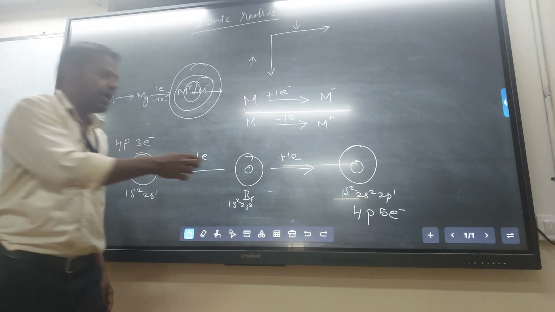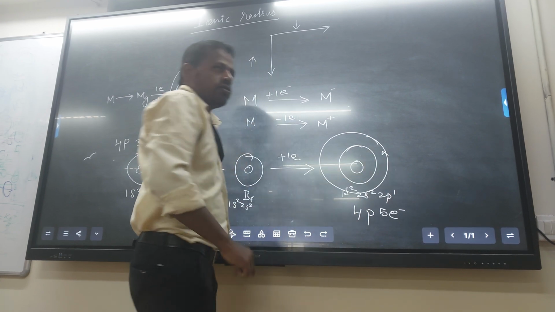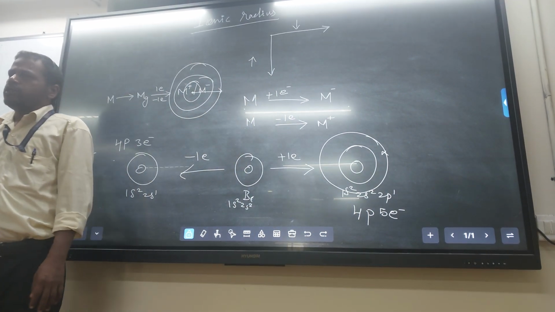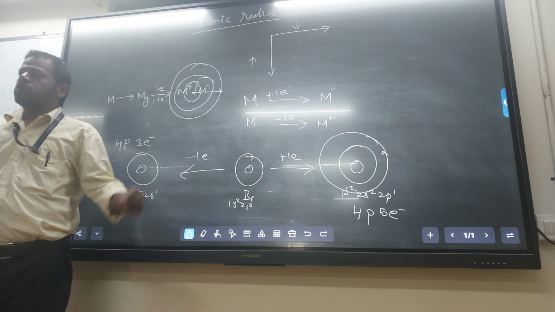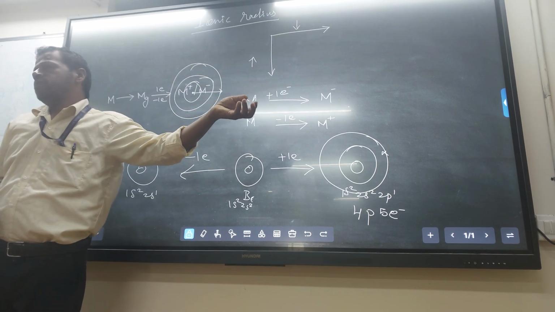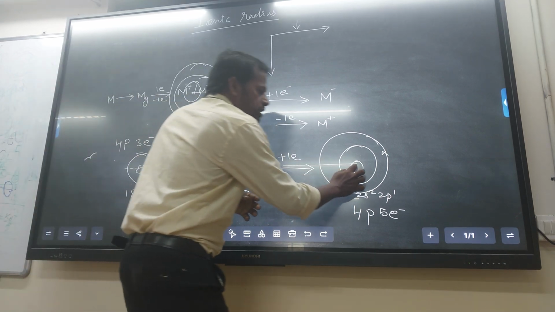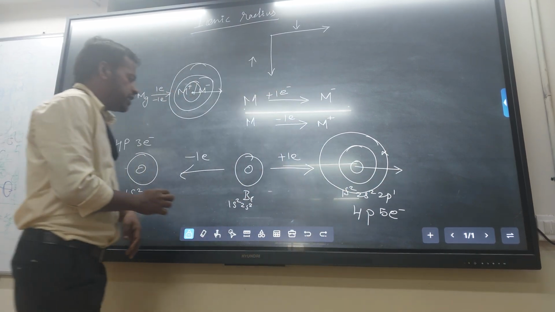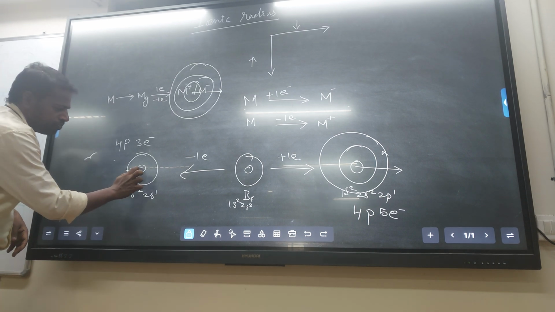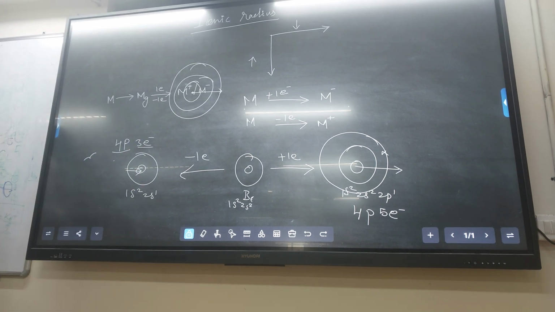When you add the electron, it goes and sits in the p orbital: 1s2, 2s2, 2p1, with four protons and five electrons. Therefore, the distance is more. Here, the distance is less because the proton is more and the electron is less, hence very close to the nucleus.